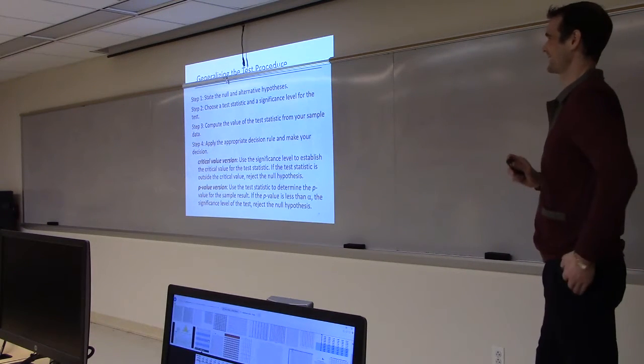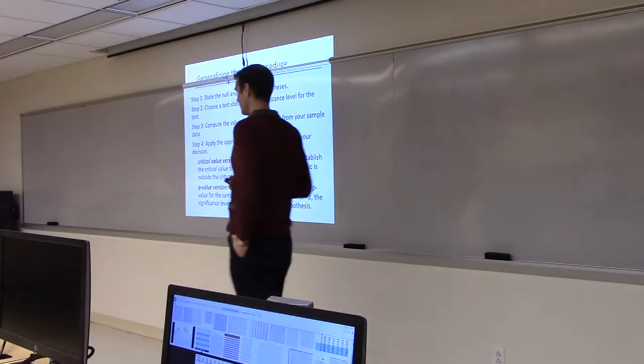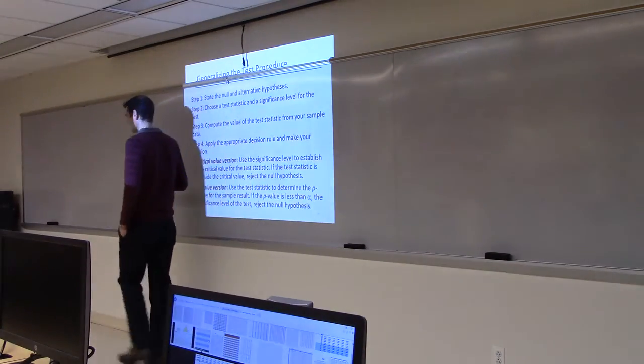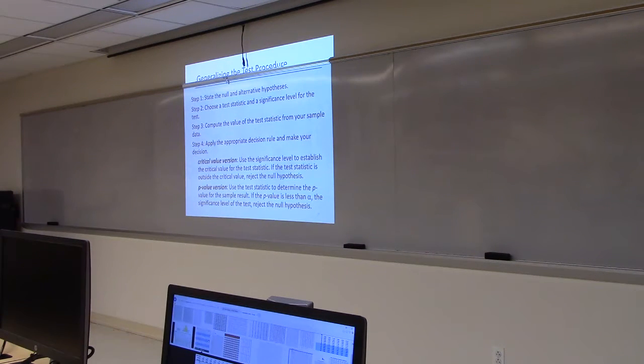Yes? I don't understand why, when we use the t-distribution, we don't use p-values for that. Can you just go over that again? Yeah, we could, statisticians do. The reason we skipped over it is because we just don't have enough information in the back of our textbook to get p-values for the t-distribution.